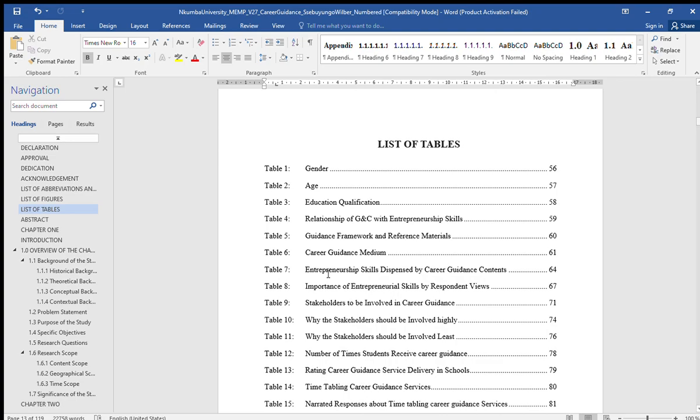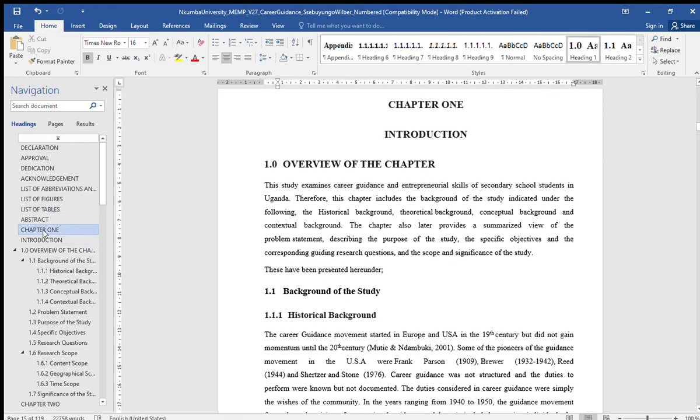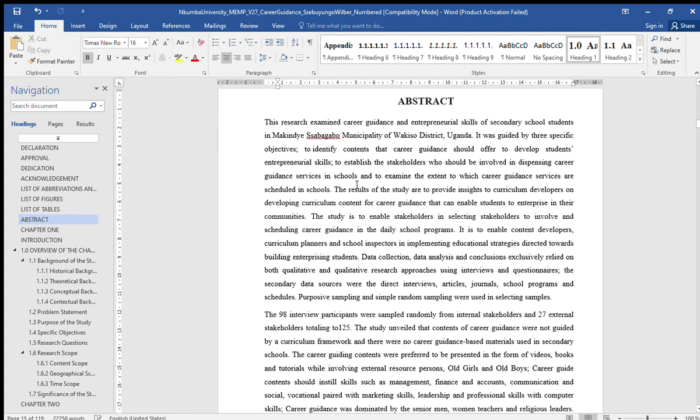Then after that, we can now go to chapter 1. So members, a research proposal does not have something called an abstract. An abstract looks like this, what I'm showing you here.